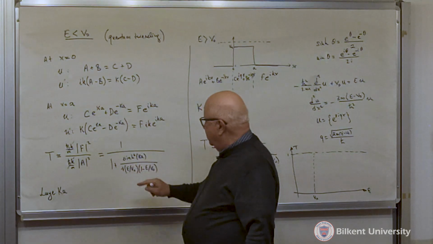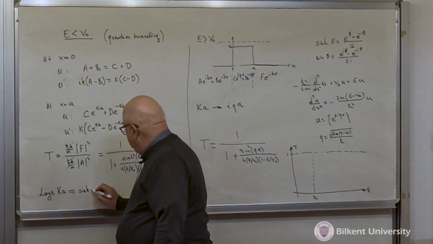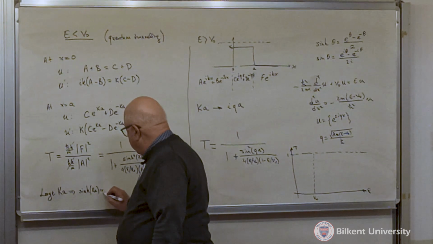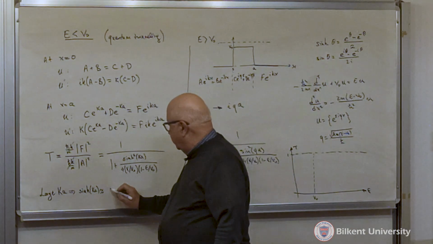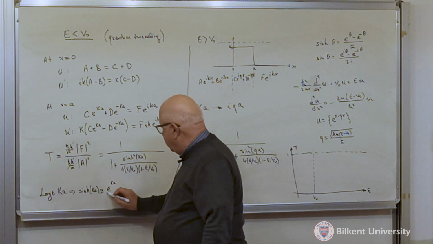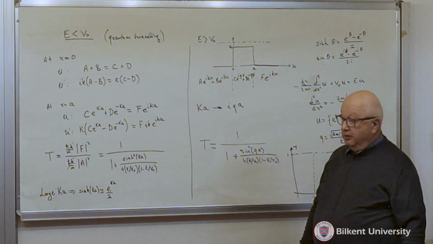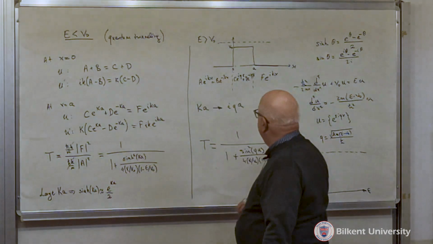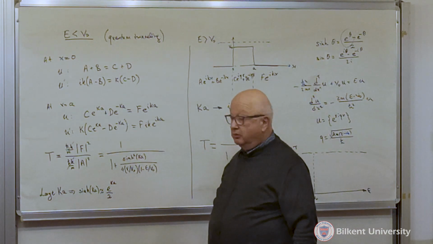So the large Ka means this sine hyperbolic of Ka will approximately be like the first term there. The positive exponential is going to dominate, e to the Ka over 2. If Ka is very large, then sine hyperbolic is the first term in the expression.